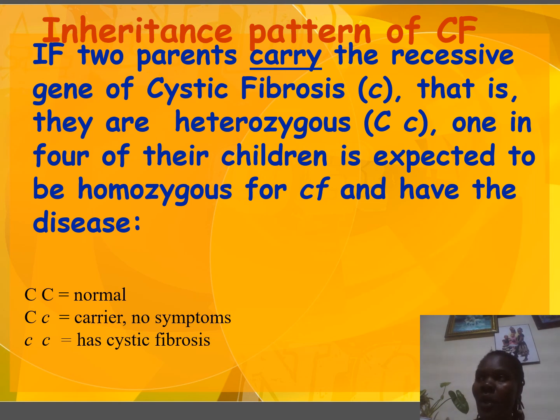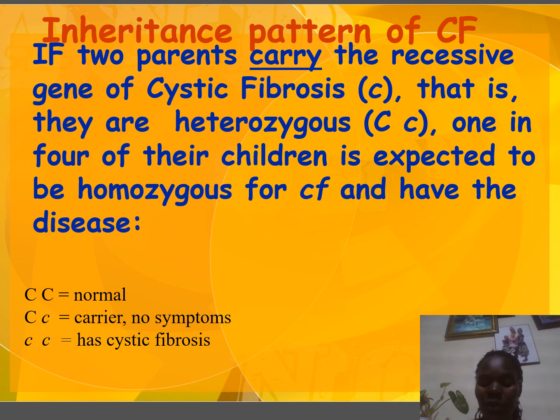Using the Punnett square, we'll be able to tell. But in the case where they are heterozygotes, the capital C, which stands for normal or healthiness, and the small c, which stands for the disease, those individuals who are heterozygous will not show the symptoms of the disease, because the capital C for healthiness is dominant and suppresses or masks the recessive allele for the disease.